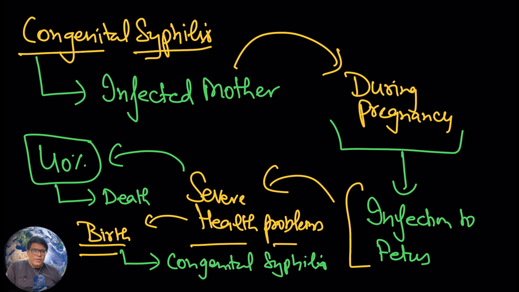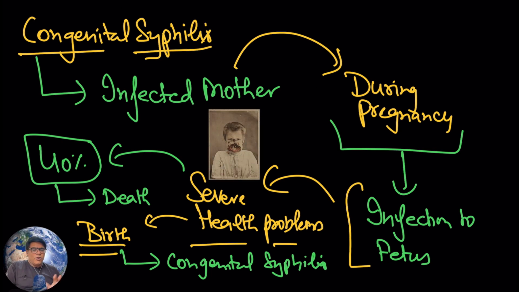So hopefully it is now clear that syphilis can be transmitted from one person to another person through sexual contact. Also, syphilis can be transmitted from mother to the child, the baby. Hopefully all these points are clear to you.